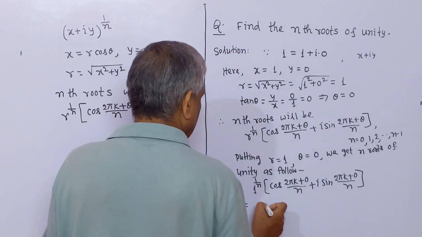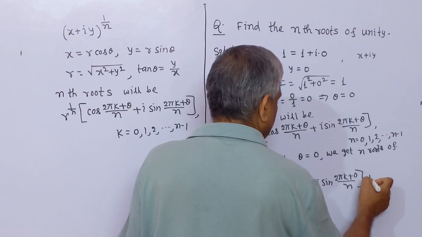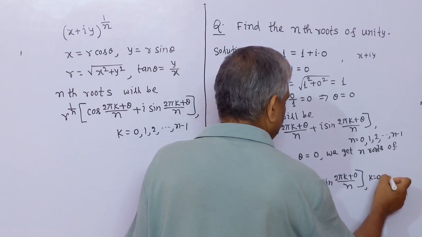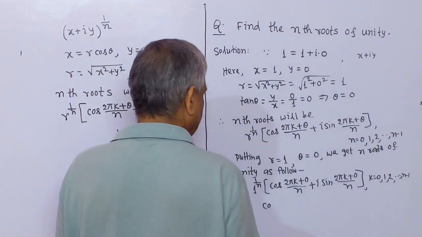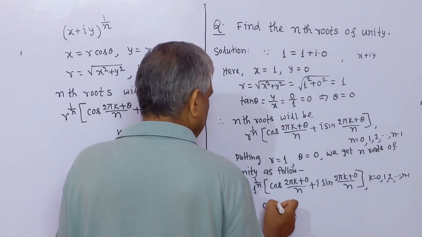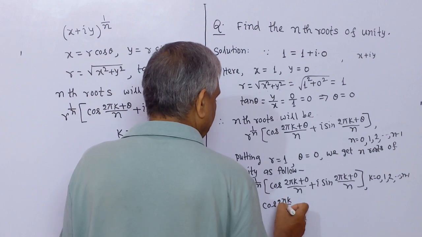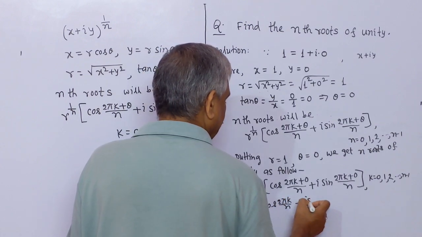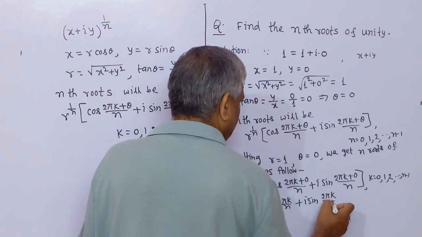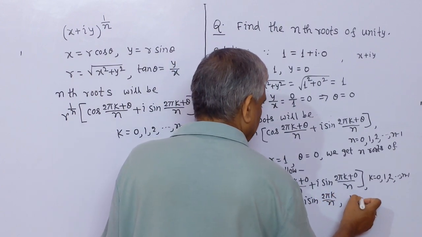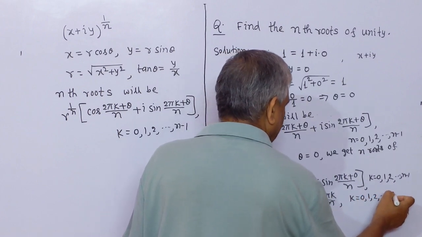This is cos 2 pi k by n plus i sin 2 pi k by n, k equal to 0, 1, 2, up to n minus 1.